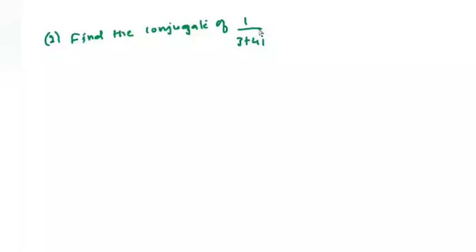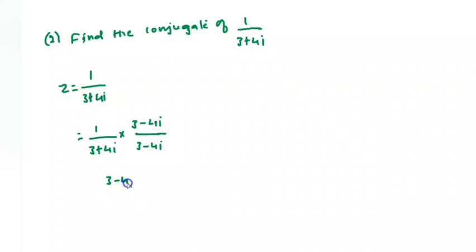So first you convert this number into the standard form. How to convert? We are given 1 upon 3 + 4i. Let us consider the number is z. Now we will multiply both the numerator and denominator of such a fraction by the conjugate. So the conjugate of 3 + 4i will be 3 - 4i.